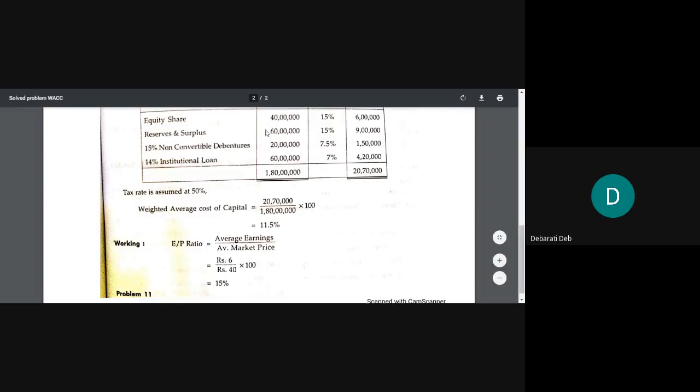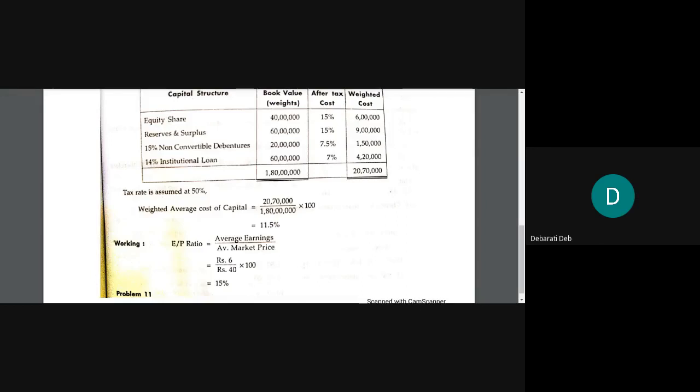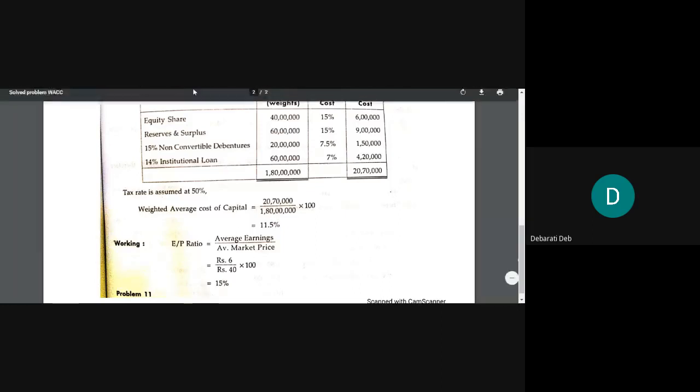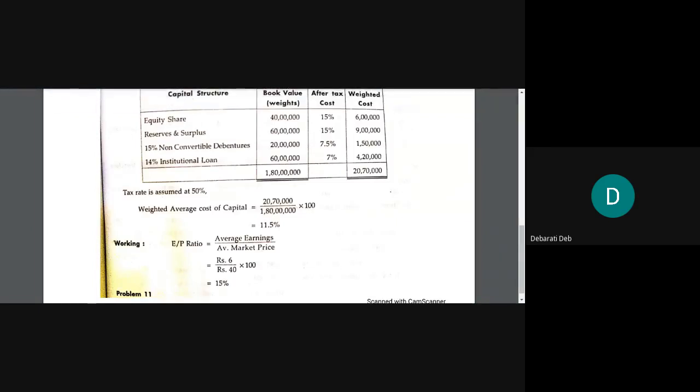15%, and tell me what is the formula for cost of retained earnings, that you also tell me. Check your copy and tell me what is the formula of cost of retained earnings. What is the formula for cost of retained earnings?